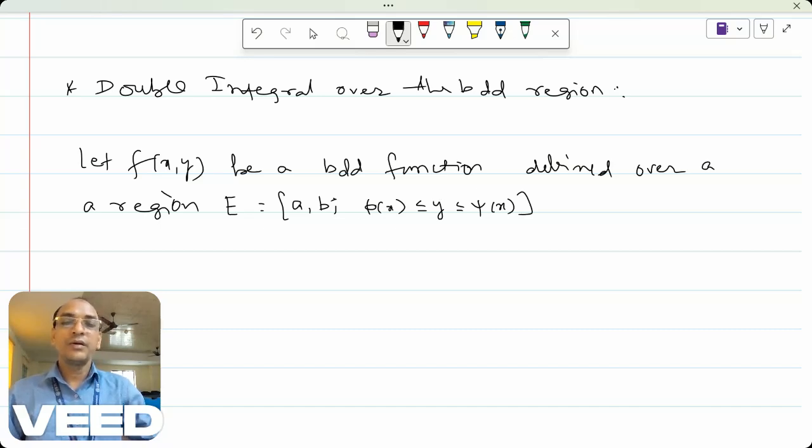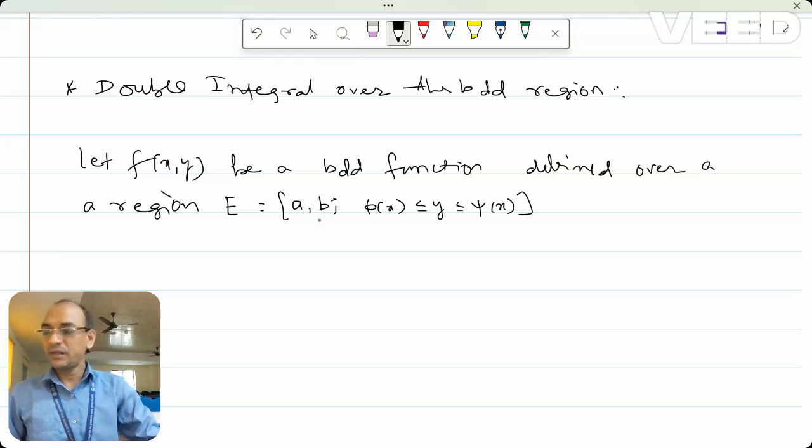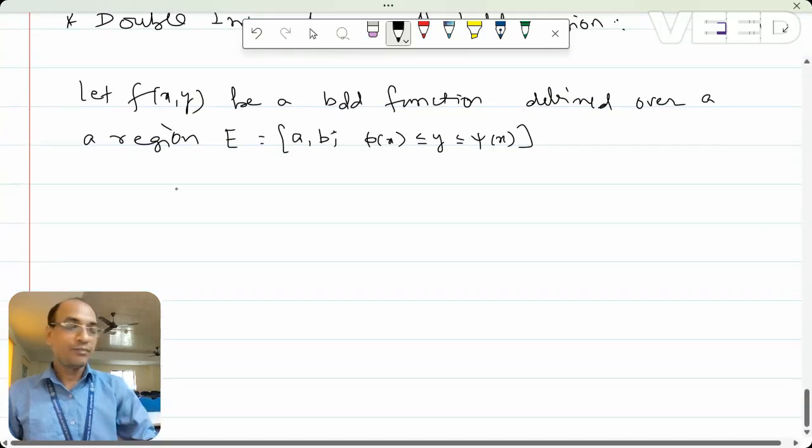If the limits are functions of y, then the integration will be with respect to x. So here limits of y are functions and limits of x are constants. What will happen, I will tell you later. First I will write the double integral.